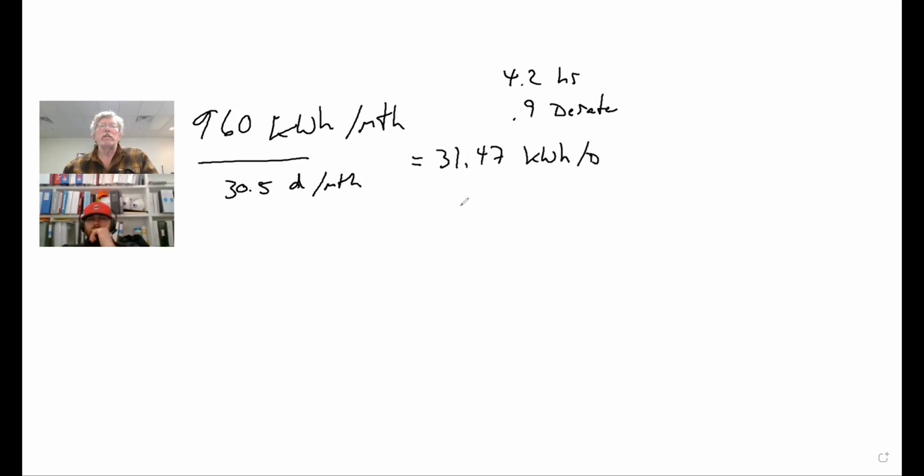I get 4.2 hours of insolation each day. So it's going to be 4.2 hours per day. Notice that the hours per day cancel. So my answer is going to be in kilowatts or in watts. So I'm going to divide 31.47 by 4.2, and I end up at 7.49.